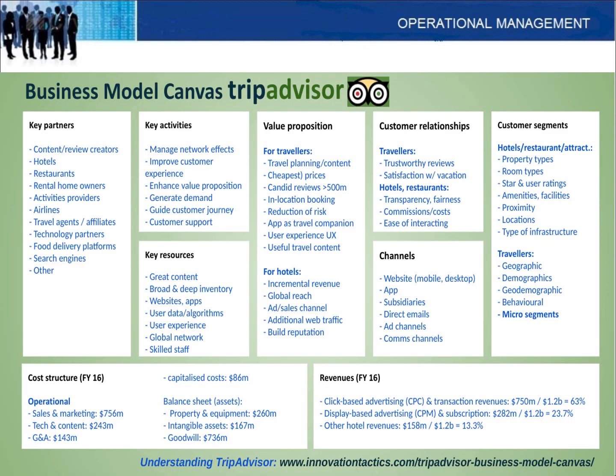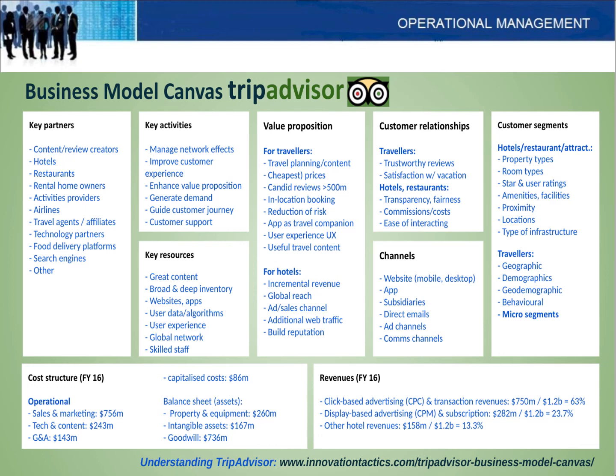I also have this BMC for TripAdvisor. As I said, I just want to highlight the cost structure here. They divide the cost structure into two, operational or non-operational. For the operational, they put sales and marketing, technology and content, and capitalized costs. Then for the balance sheet, they put property and equipment, intangible assets and goodwill. That's the cost structure.